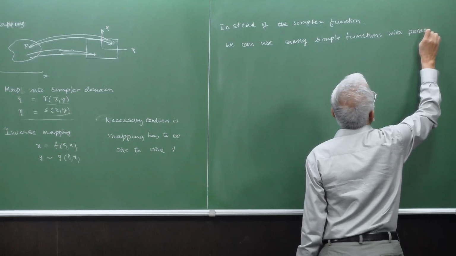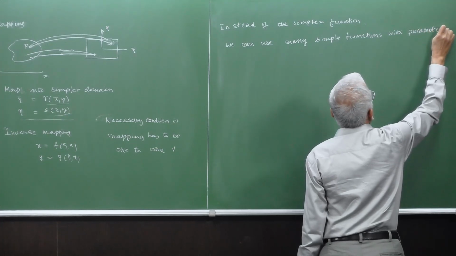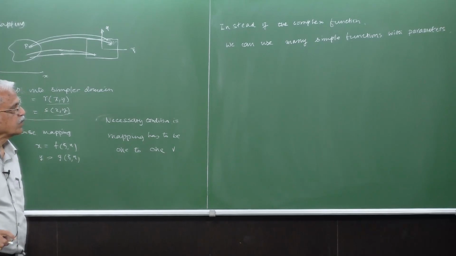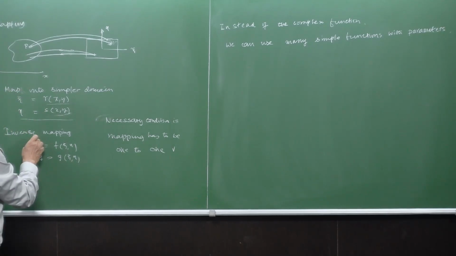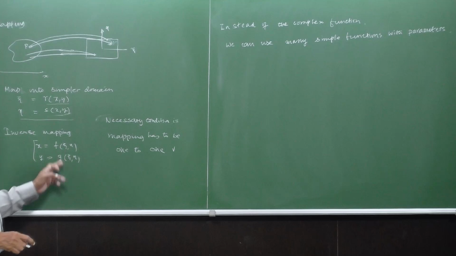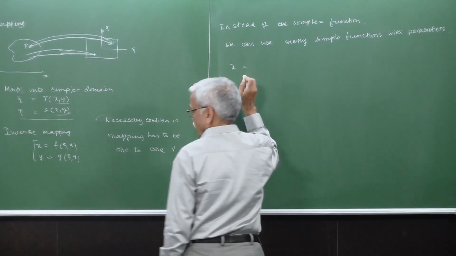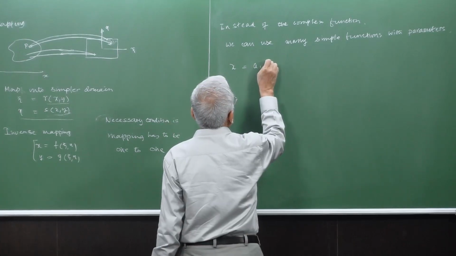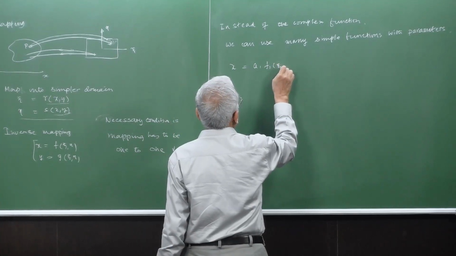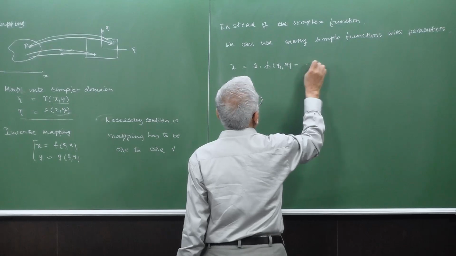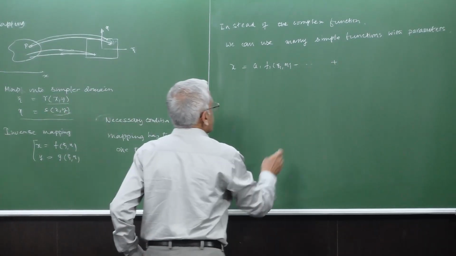Let me explain this one. Okay, so what we mean by this is that when you have this as a single function, instead of that, we can say that x can be obtained by a1 f1 zeta and like this, up to any number of parameters you want.